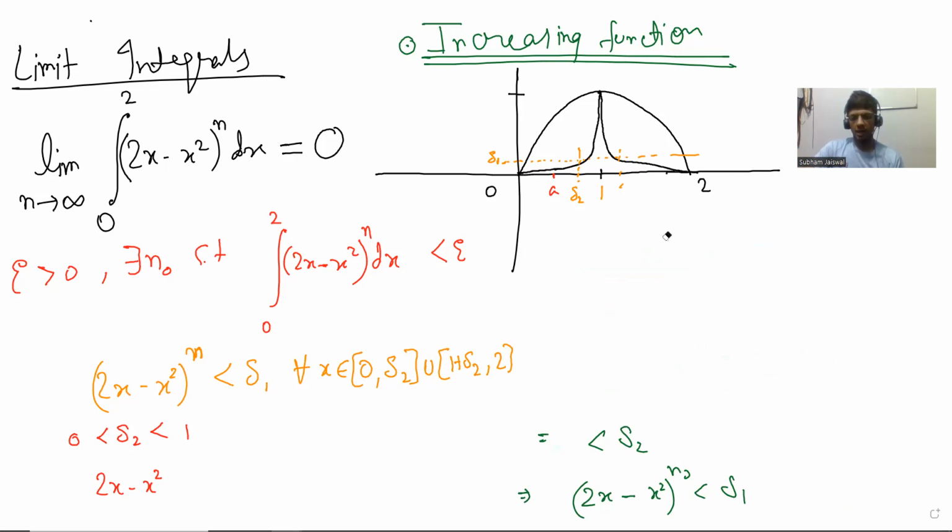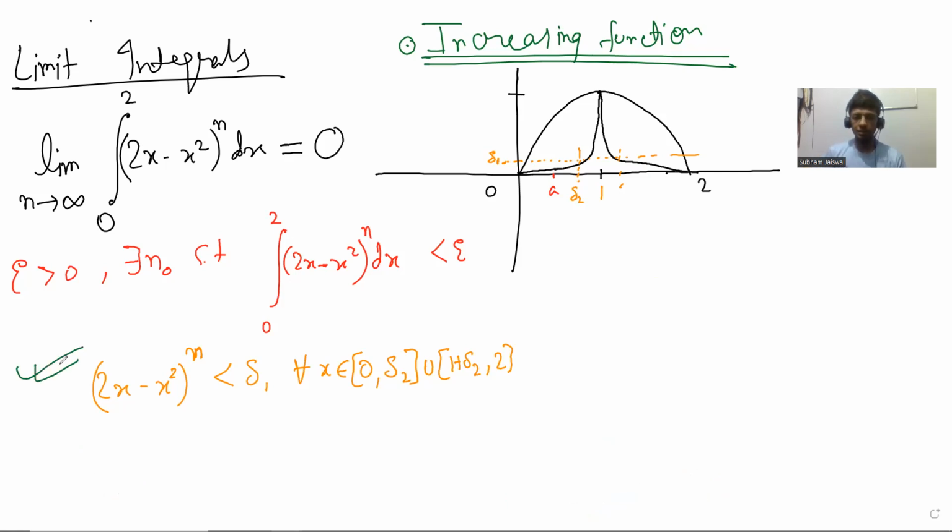Now what should we do next? Now you have to split the integral. So this is clear. Okay, can you compute the integral? Can you estimate the integral now using what we have?